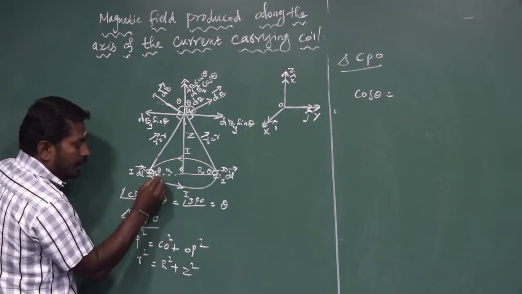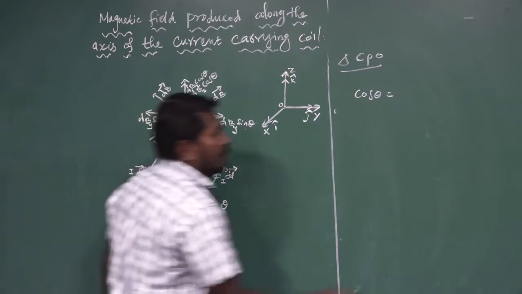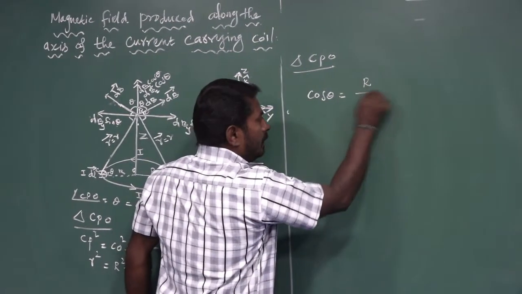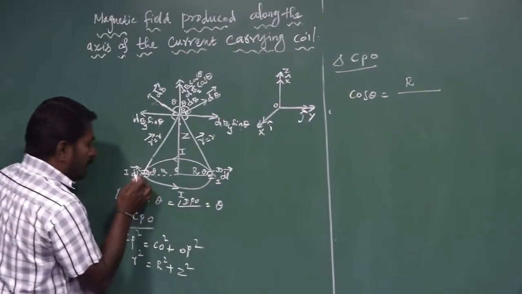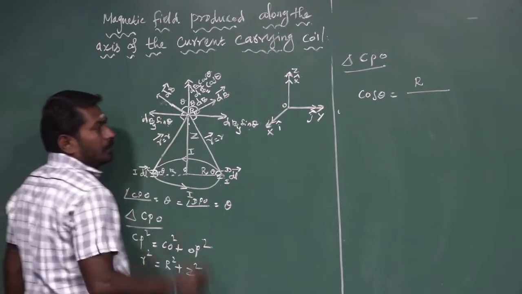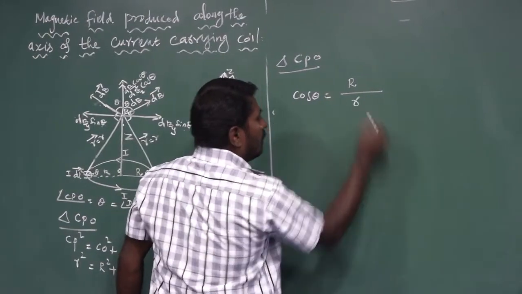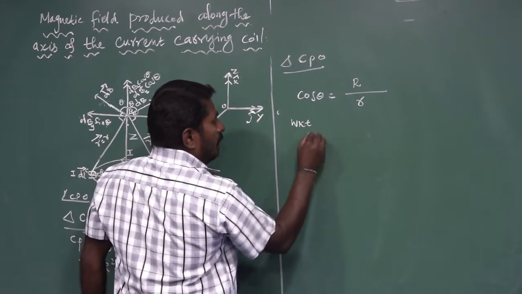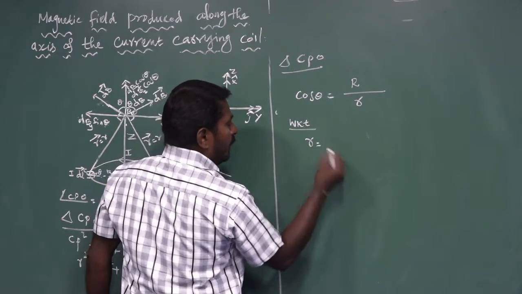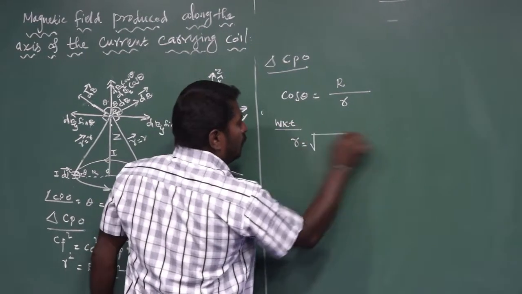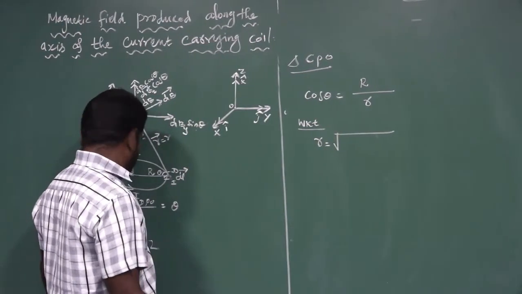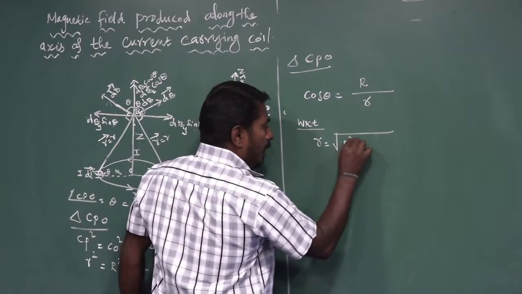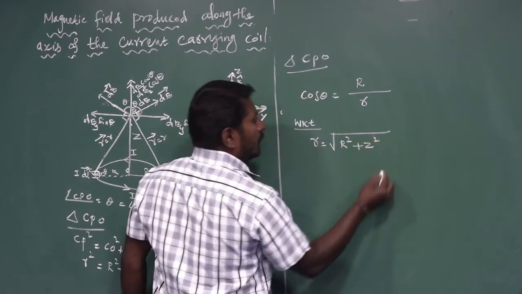So cos theta is the adjacent side r divided by the hypotenuse R. We know that R is equal to the square root of R square plus Z square.